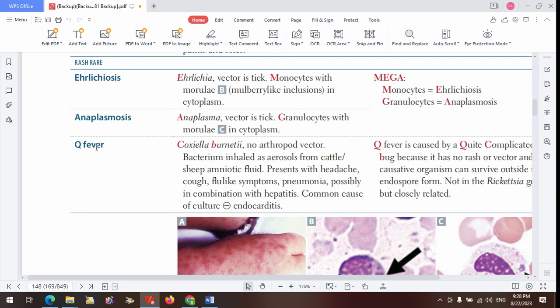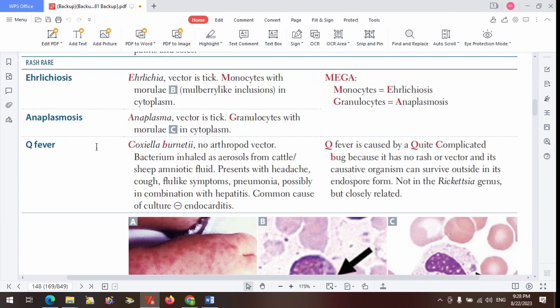So how do they get this Q fever? An individual will get Q fever from inhalation of the microbe from the amniotic fluid of cattle and sheep. That's where it comes from. If it's not present in the cattle or sheep and it's present in soil, it will be there in endospore form. So they survive outside the host, either the sheep, the cattle, or human being, as an endospore.